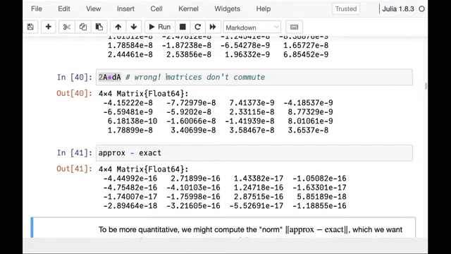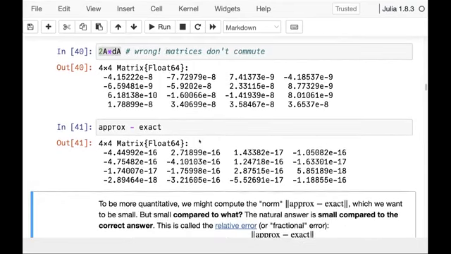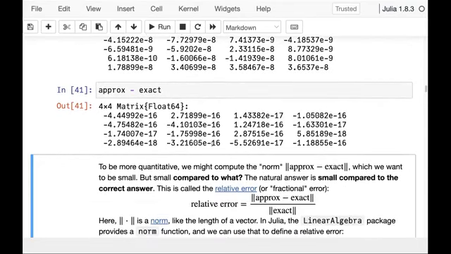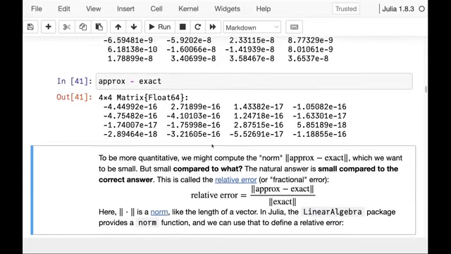So this brings us into a key question when you're talking about errors, and just in general in mathematics or science or engineering, whenever someone tells you something is small or something is large, you should always ask compared to what, right?